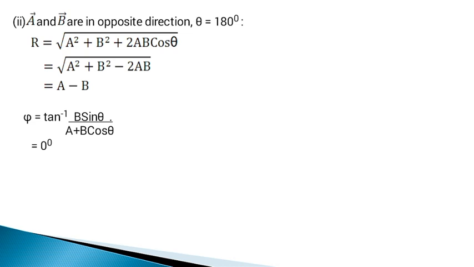So is this the same case as our previous case? No, because this time the resultant will take the direction of the greater vector. Since both vectors are acting in the same line but in opposite directions, the resultant will take the direction of the larger vector.